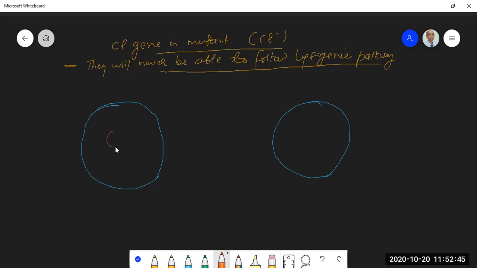Let's say this is one colony. You have some bacterial colonies visible as dots, and the other region is visible as a clear region. You can say it looks opaque, or milky white.